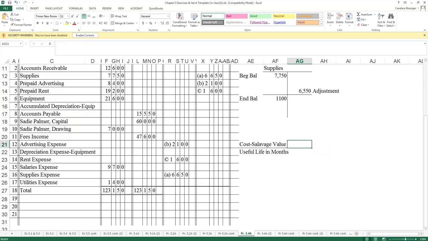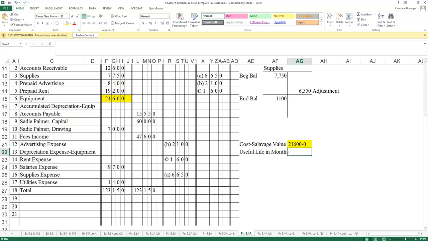It's cost. Right here on our trial balance, it tells us that our equipment costs $21,600. I'm going to highlight that in yellow, and I'm going to highlight this in yellow. And we're going to divide that, and there's salvage value, minus 0 because there is no salvage value.